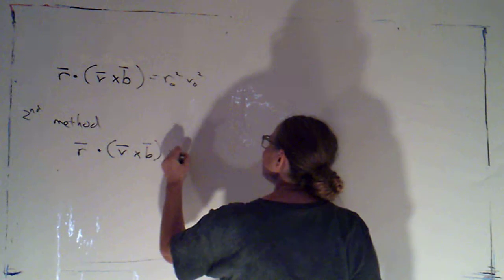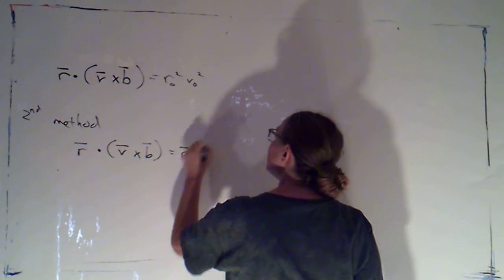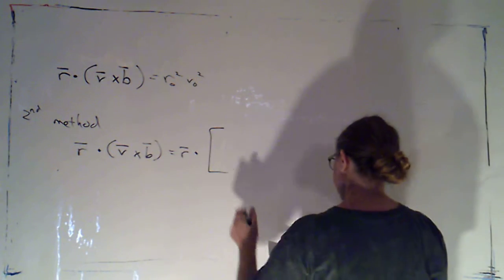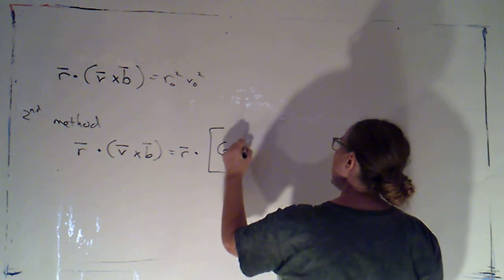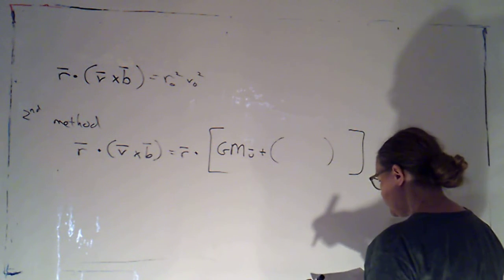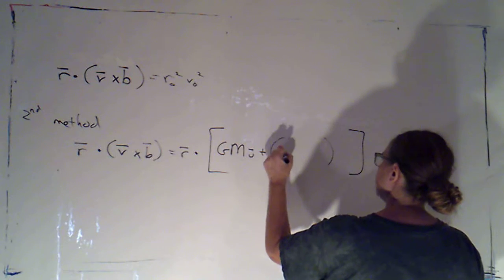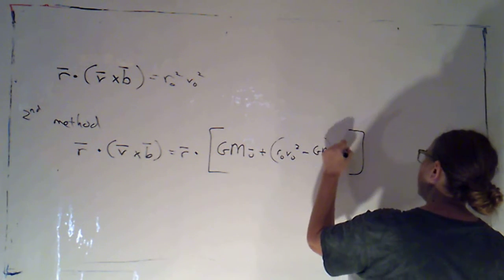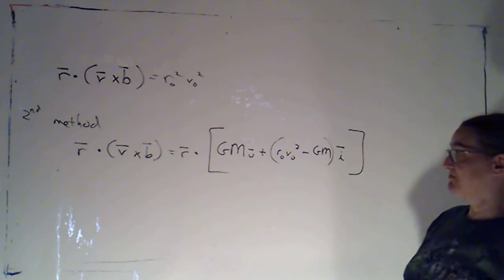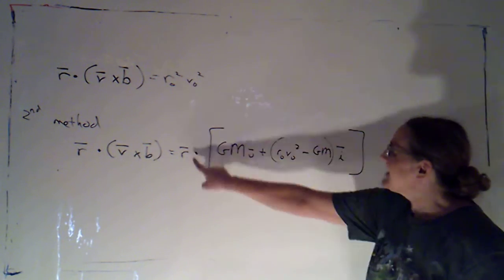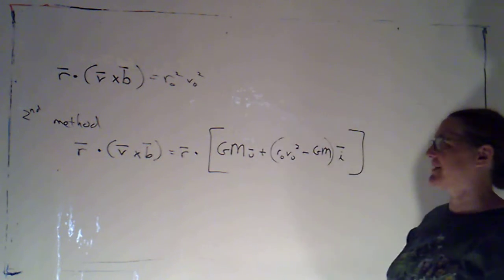Okay. So this is R dotted with what we had gotten as our characterization for V cross B, which was GMU plus (R naught V naught squared minus GM) copies of I. Okay, so dot product distributes over this vector addition.